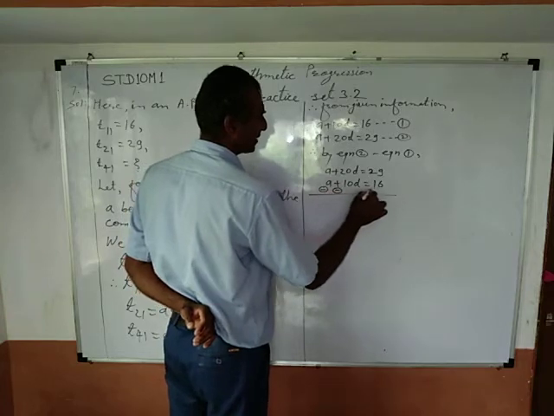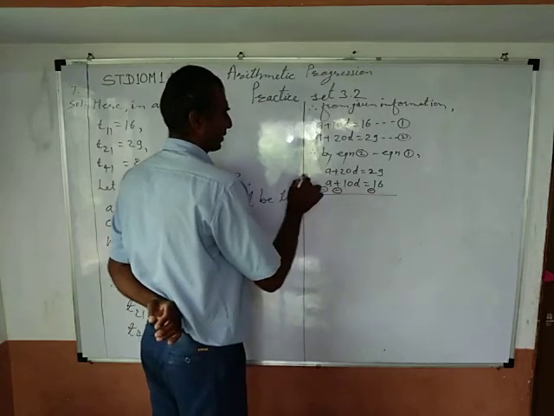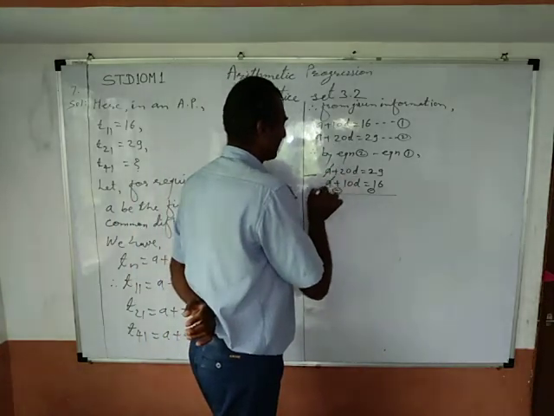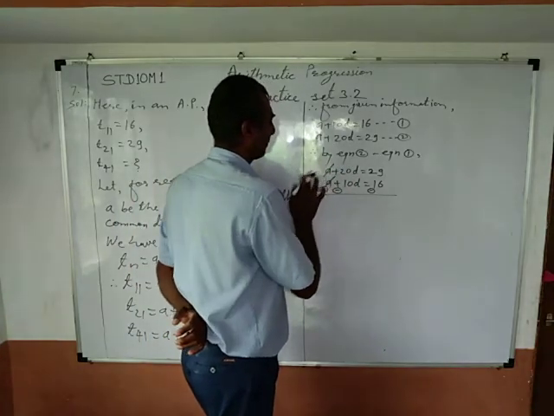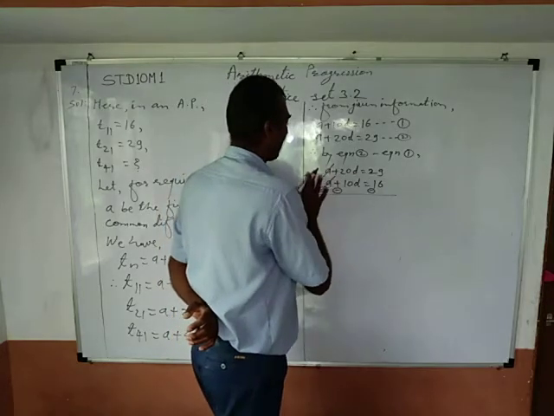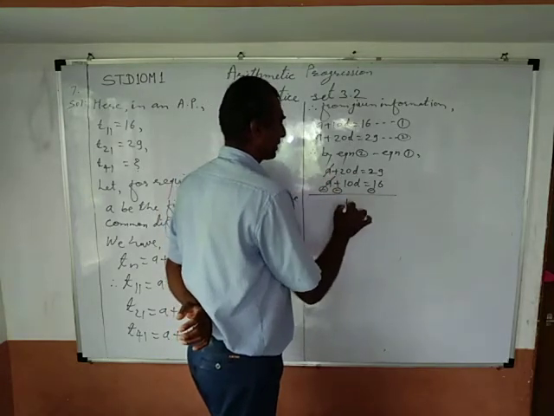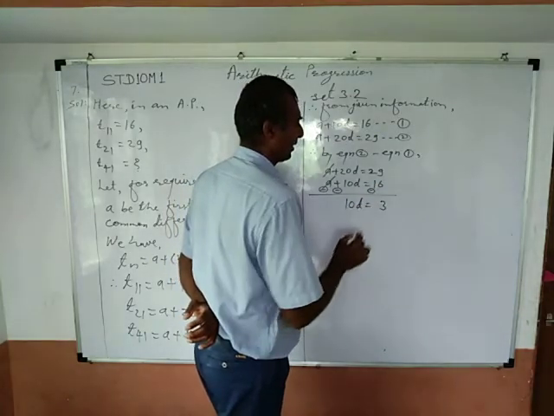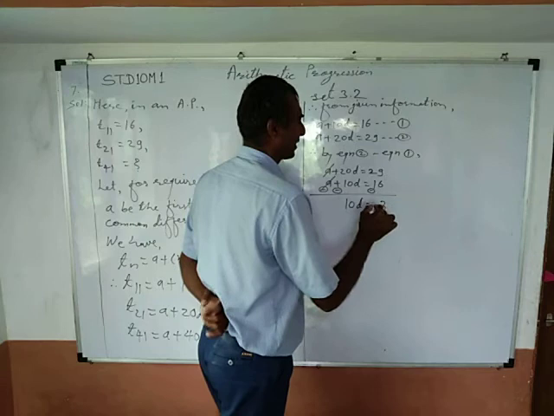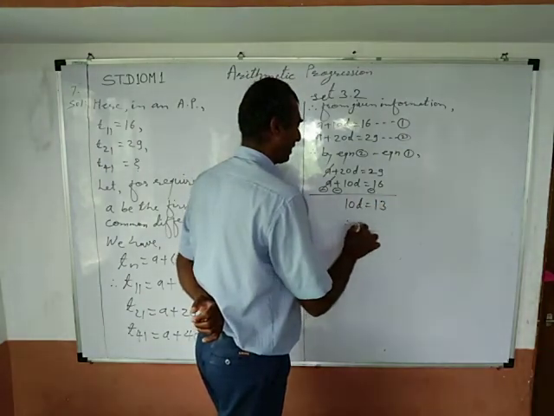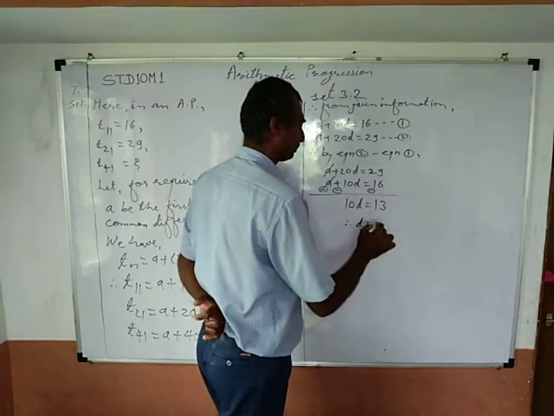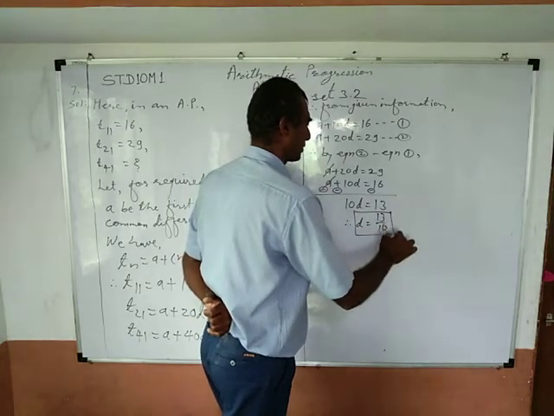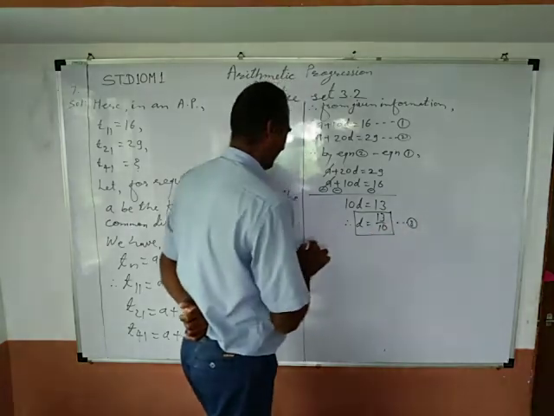Due to this minus sign, A minus A will cancel each other. 20D minus 10D gives us 10D. 29 minus 16 gives us 13, and therefore D equals 13 upon 10. Let's call it number 3.